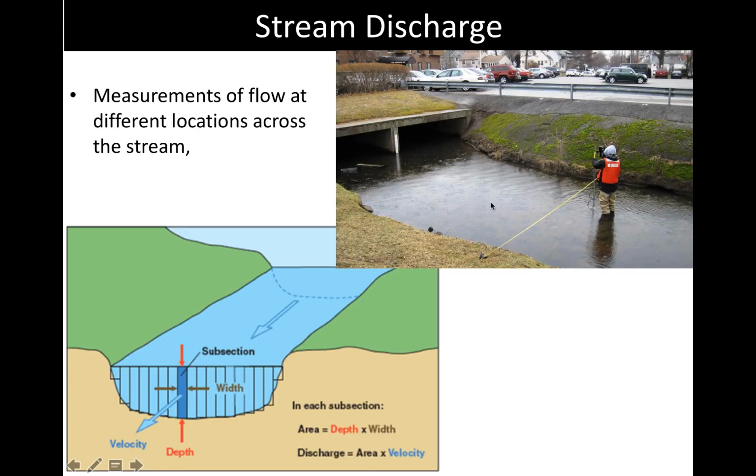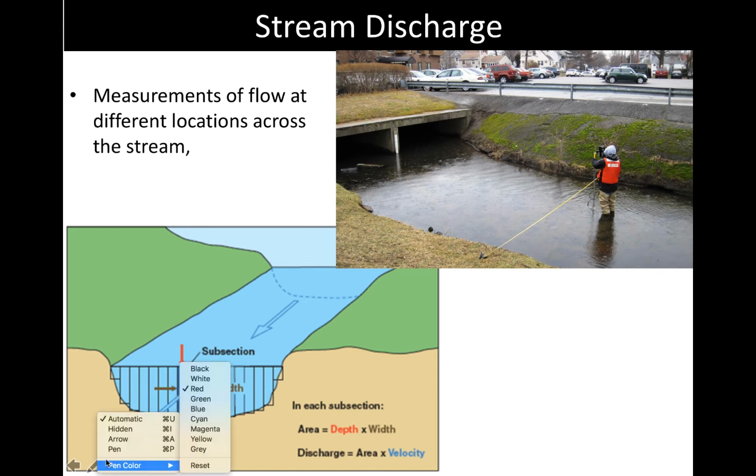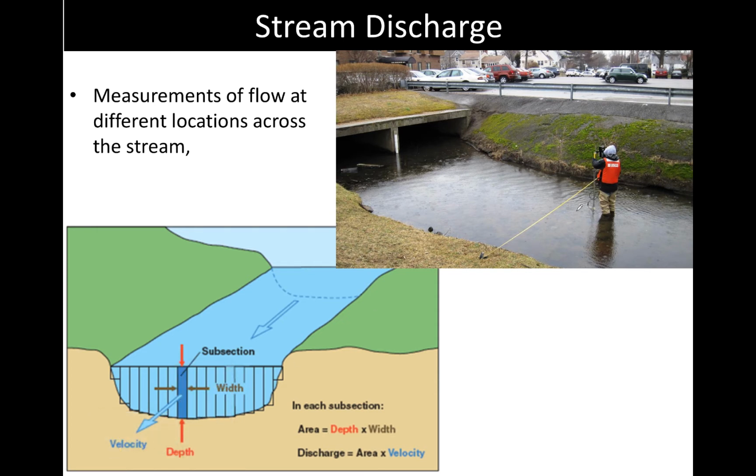If we come back to our image here, we see a person from the USGS, and they're standing in the stream. They have a tape measure here, and they're measuring their distance from the bank. And then in their hand right here, they have a kind of digital flow meter that goes down underwater, and they're measuring down here how fast the water is moving past them.